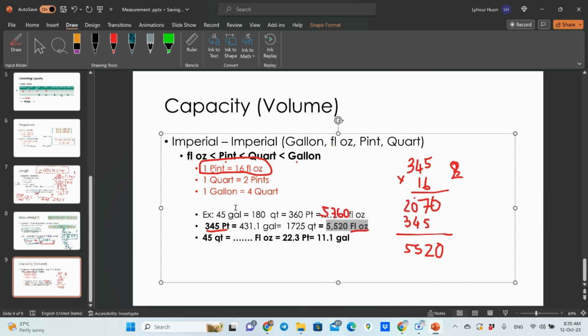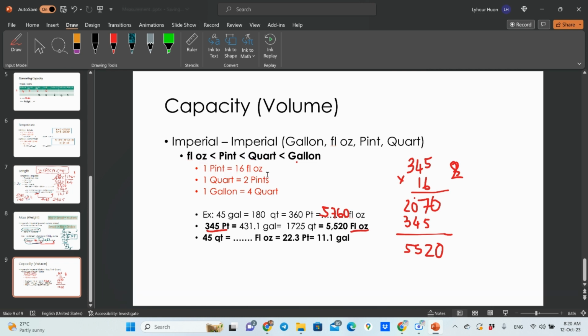Now the next step is to convert to quarts, right? So do we use the fluid ounces or the pints to convert to quarts?